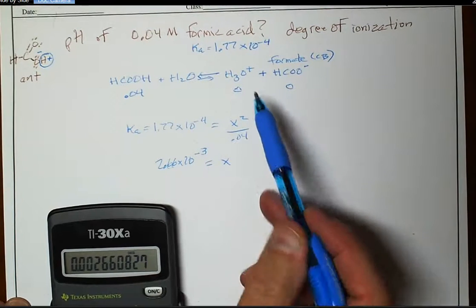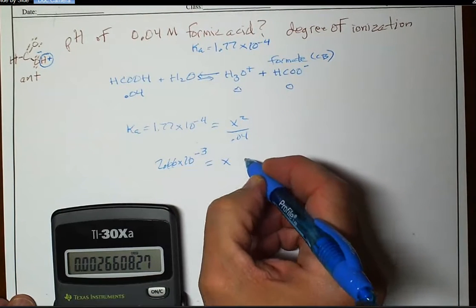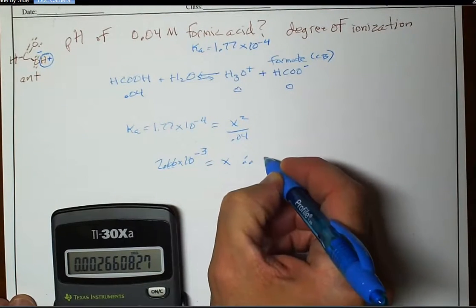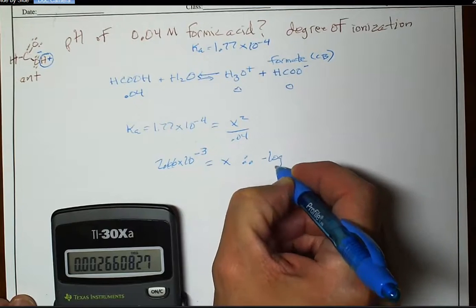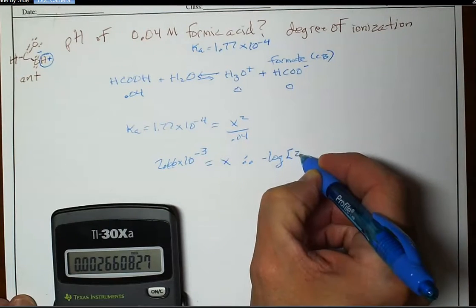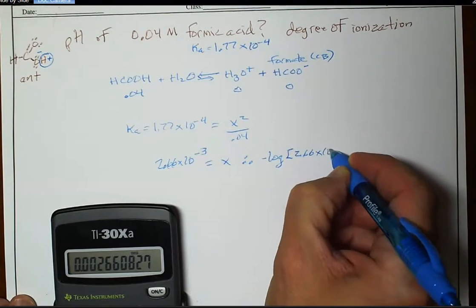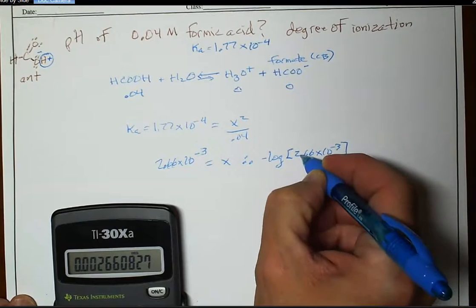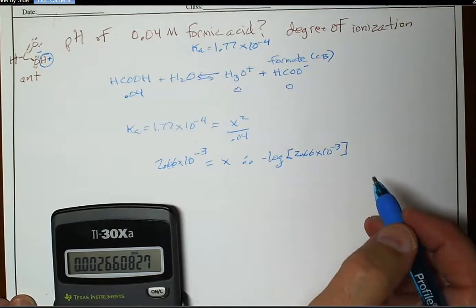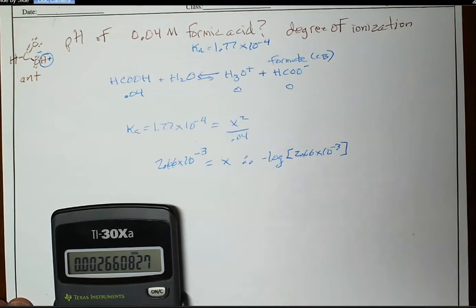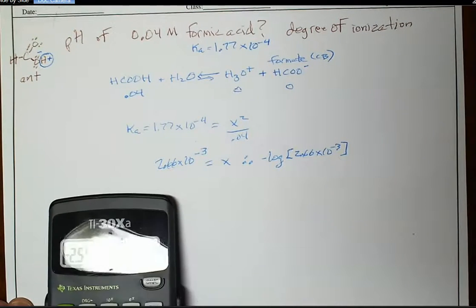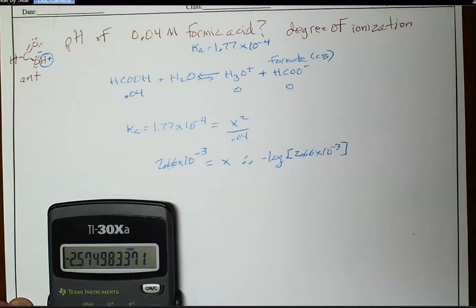X represents the hydronium. So if we take the negative log of 2.66 times 10 to the negative third, which is going to be somewhere in the ballpark of 2.6, 2.7. Let's do the log. And we now need the negative of negative 2.57.